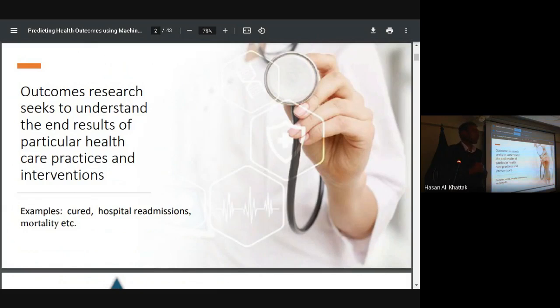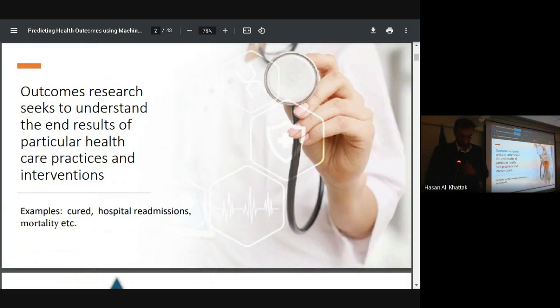What would be the possible outcomes of that hospital visit? We either get cured, and sometimes we need hospital readmission, and in the worst scenario we will have mortality or death. Those are some examples of healthcare outcomes.